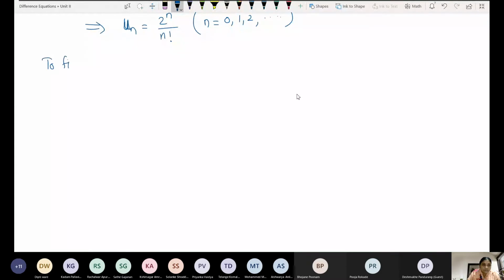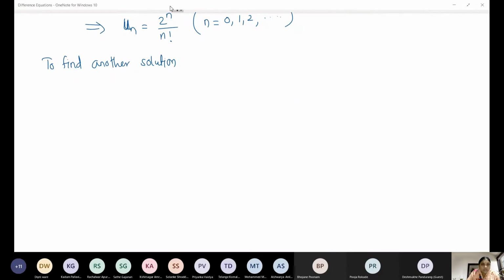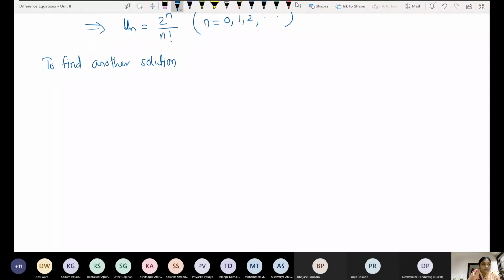To find another solution, what will we use? We use the Wronskian.